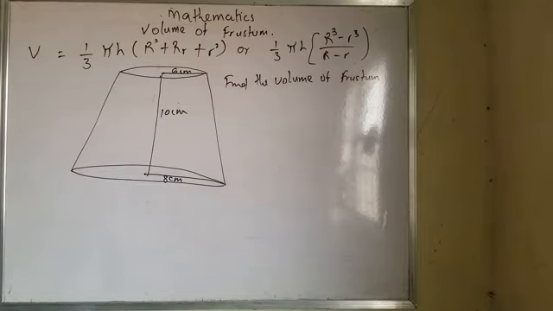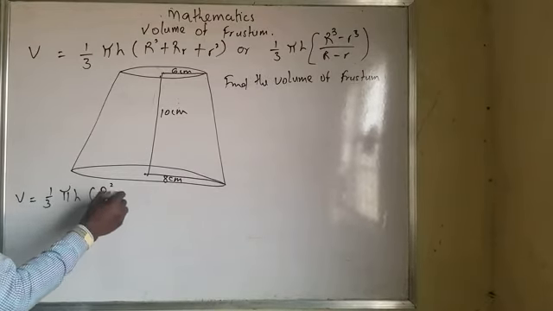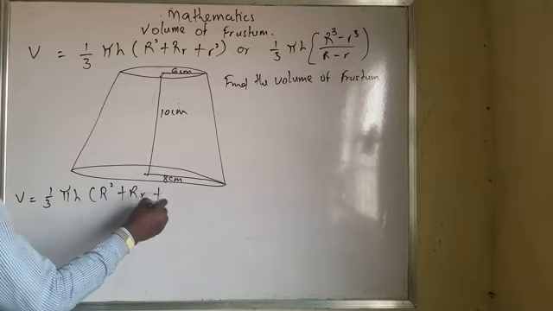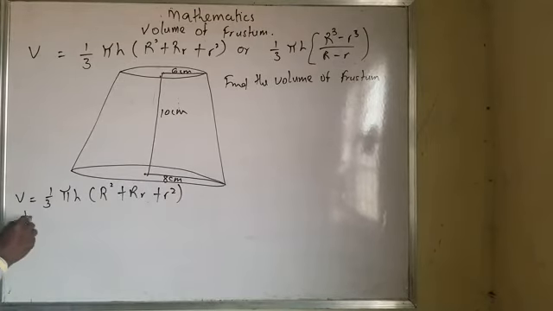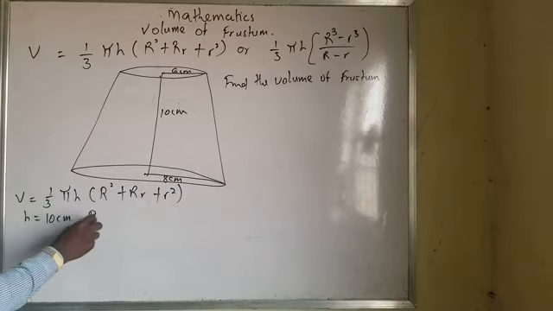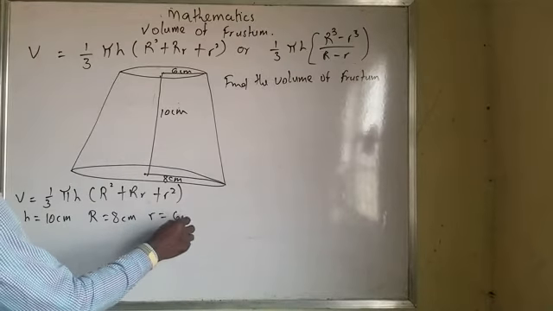What you need to do is that firstly, volume equals 1 over 3 pi h bracket of big R squared plus small r big R plus small r squared. Now, my height is 10 centimeter. My big R is 8 centimeter. My small r is 6 centimeter.